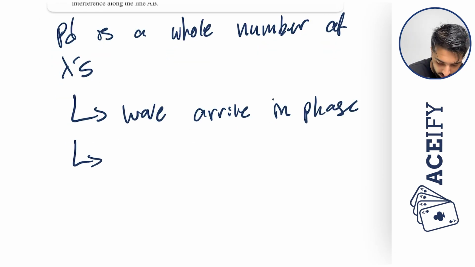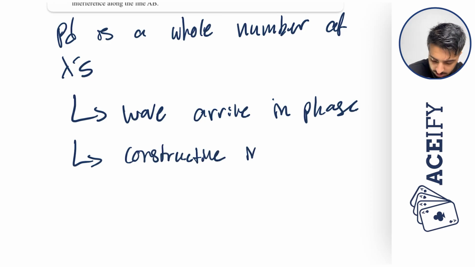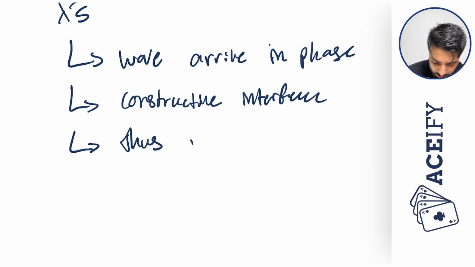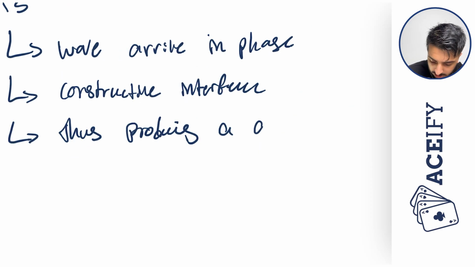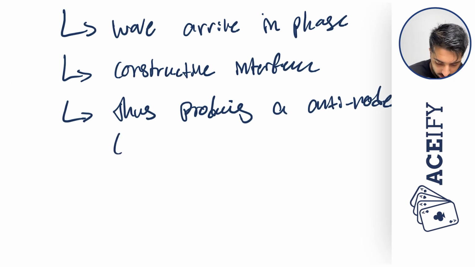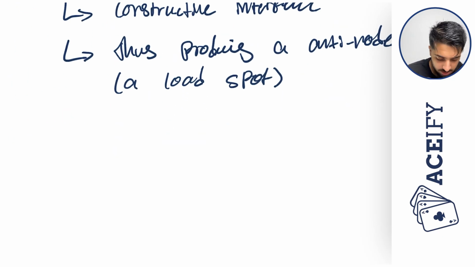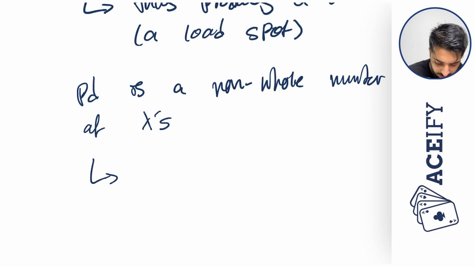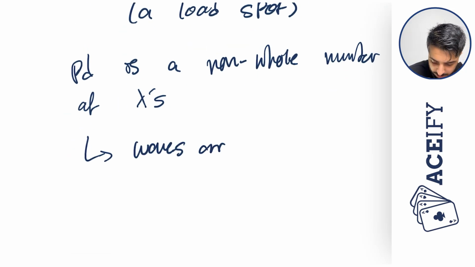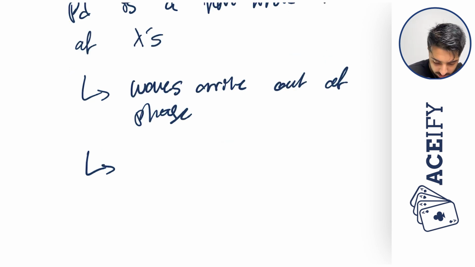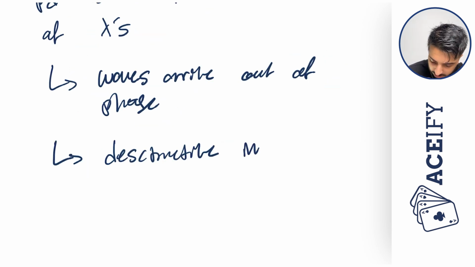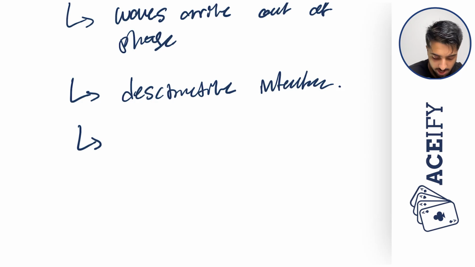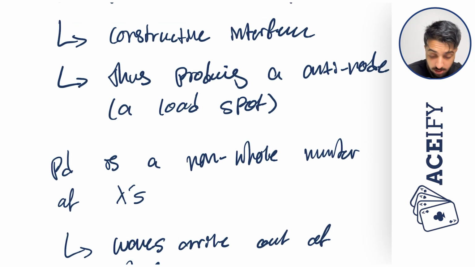This results in constructive interference, thus producing an antinode, which is a loud spot. Now, when the path difference is a non-whole number of wavelengths, the waves arrive out of phase. This results in destructive interference, which produces a node, which is a quiet spot.